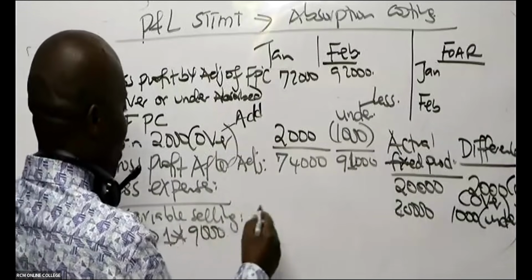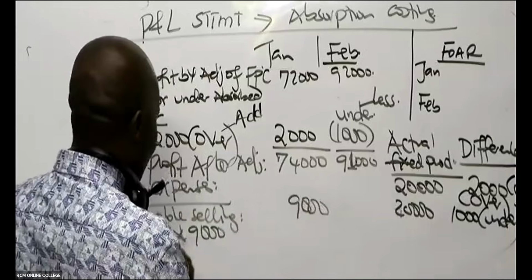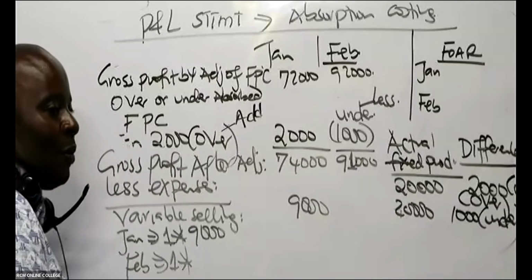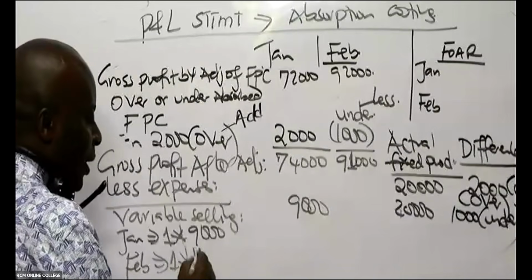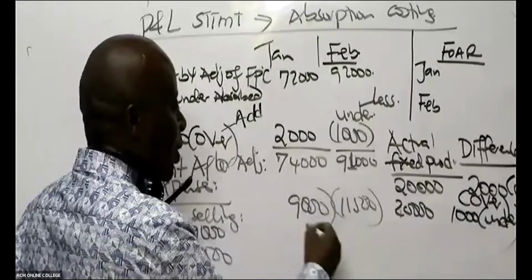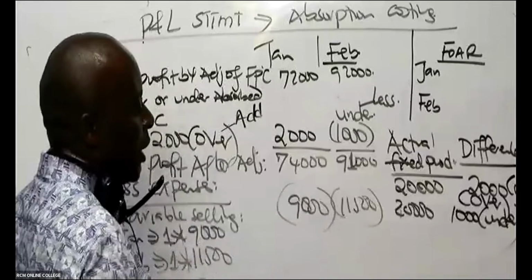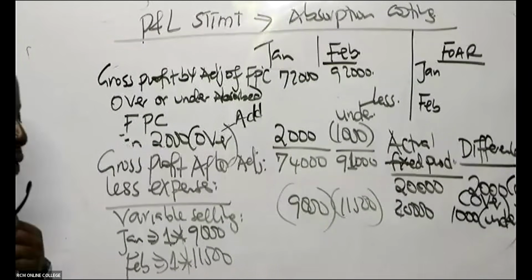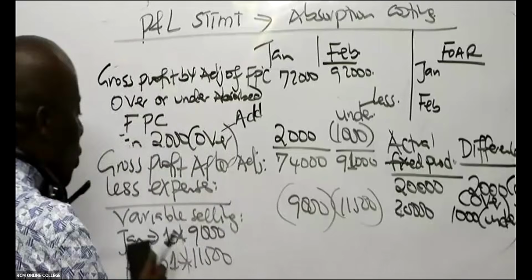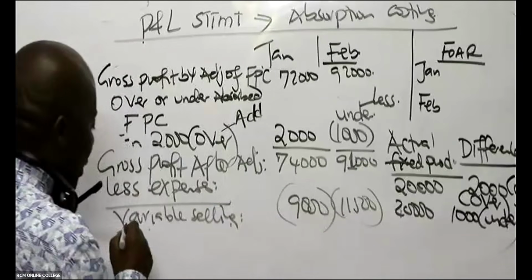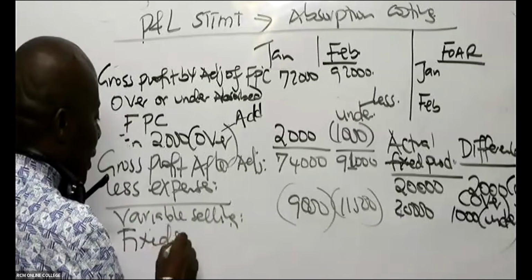So then this will give me 9,000, isn't it? And then February, it will still be 1 times how many units did we sell in February? 11,500, which gives me 11,500. These are expenses. Don't again start arguing like, should I subtract? Expenses are always subtracted. After that, we have our fixed selling.